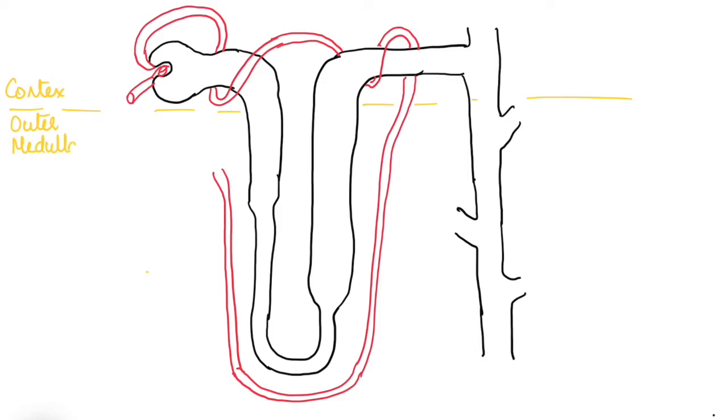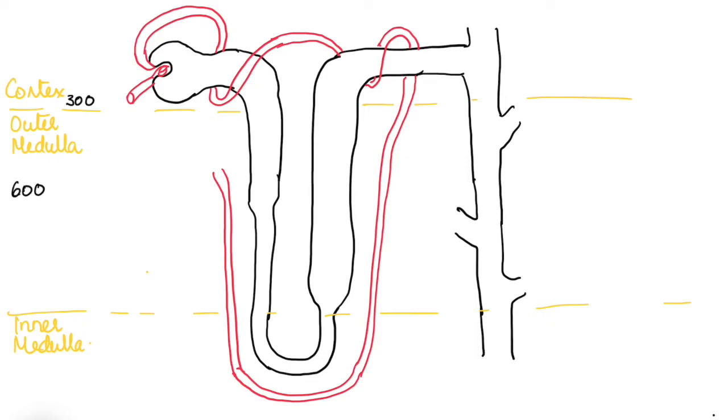We have seen before that it is essential to maintain a highly concentrated medullary interstitium. Here, the medulla near to the cortex is the outer medulla, and the part of the medulla towards the pelvis is the inner medulla. The hypertonicity in the medulla increases from the outer to the inner medulla.